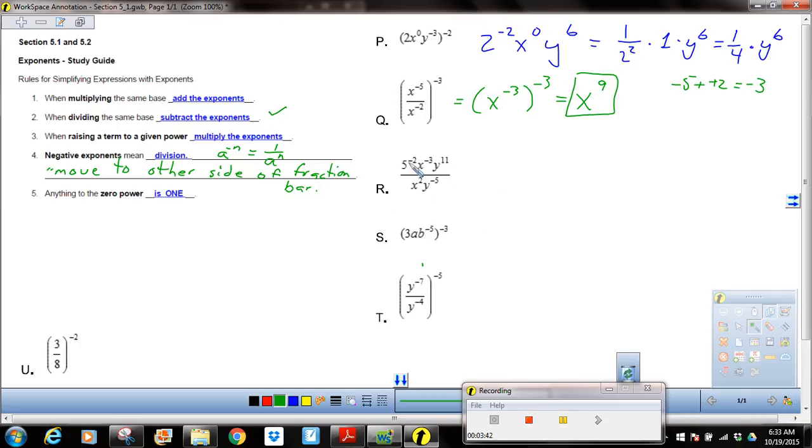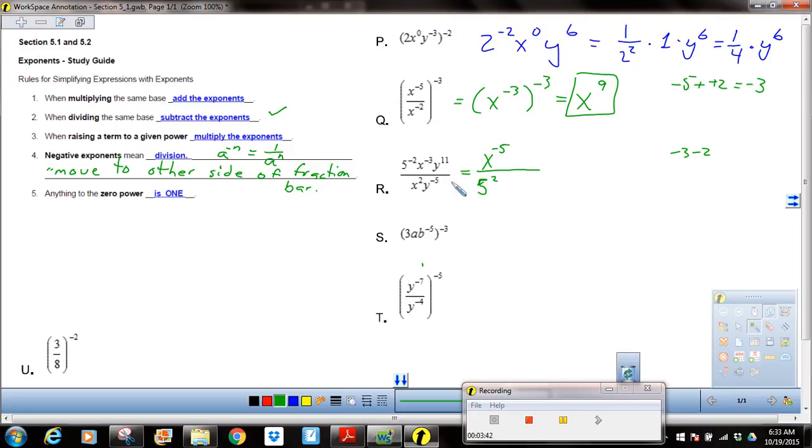Or 5 to the negative 2. I think I'm going to go ahead and move that to the bottom. Make it positive 5 to the second, or 5 to the positive second on the bottom. This is dividing the same base. I'll subtract the exponents. Negative 3 minus 2 is negative 5. So I have x to the negative fifth.